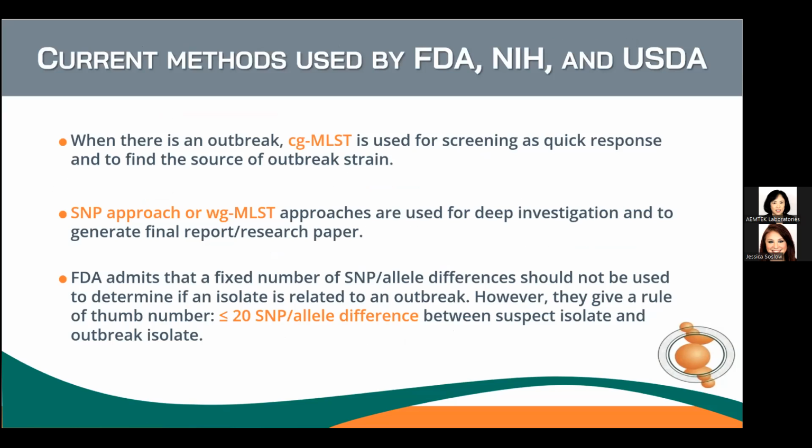Currently, FDA, USDA, and NIH, when they conduct outbreak investigation, can use whole genome sequencing or similar technology to screen as a quick response and find the source of outbreak strains.